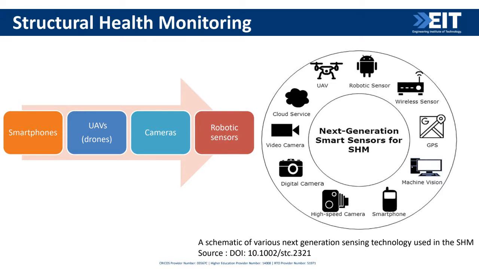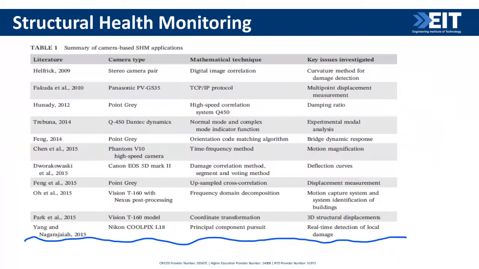So we can acquire, analyze, and validate data. Nowadays, you can work with smartphones, drones, cameras, robotic sensors, right? This is all available. But as I said before, it depends on your specific situation. For now, you need to know what is available, right?